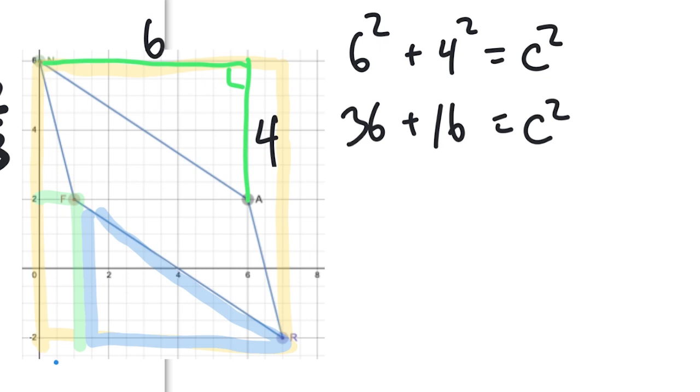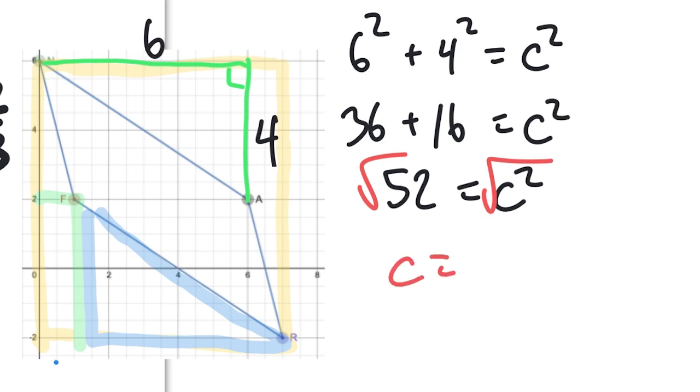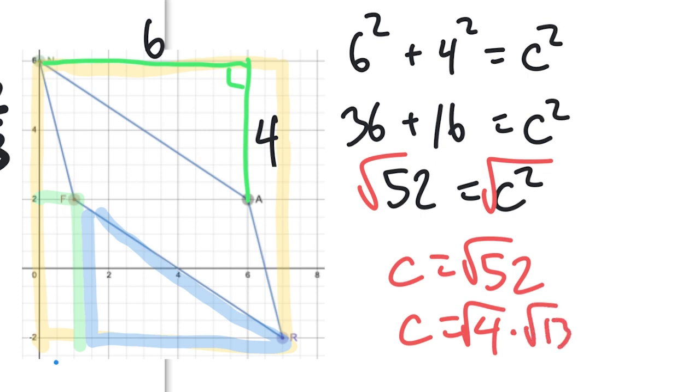And so what does that give us? 36 plus 10 is 46, plus another 6 is 52 equals c squared. We're then going to take the square root of both sides so that c equals radical 52. And you know what? We can simplify this further. I know that 52 divided by 4 is 13, so we can say radical 4 times radical 13, and then we can simply write, because the square root of 4 is 2, that c equals 2 radical 13.